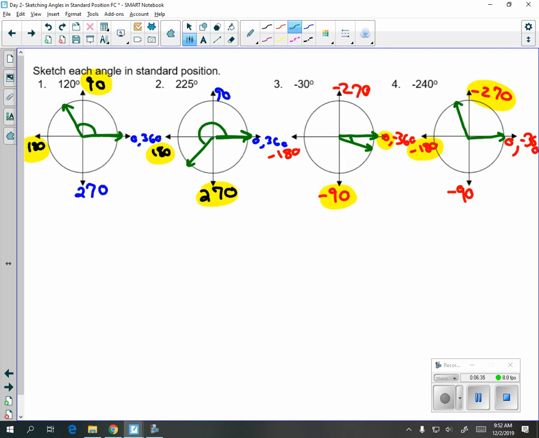But this time, if you notice, this angle looks exactly like the first angle. But it's not. It's different because it's not positive. We're not going upwards. We're going downwards. We're going clockwise because it is negative. So we need to show that the line is in the opposite direction. And that's all for this video.